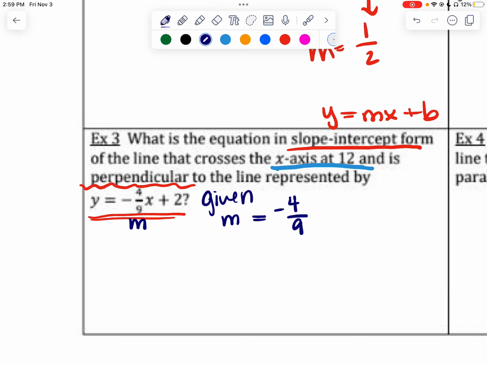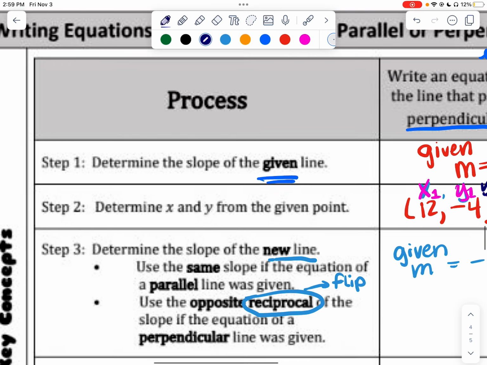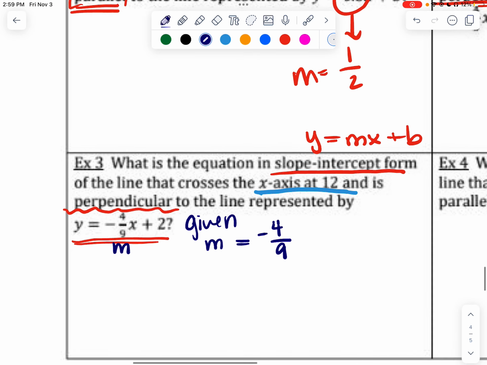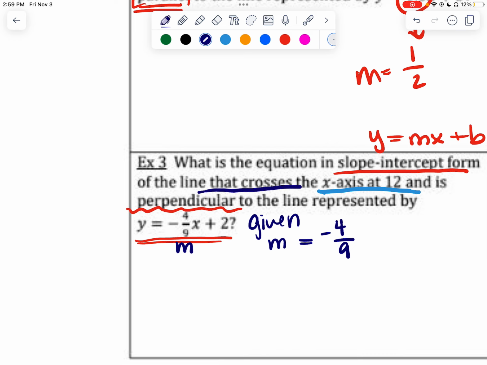Okay. Now I'm going to look for x and y from the given point. But I don't see a point here. So don't panic. I know a line is crossing the x-axis at 12. Here's x, crossing it at 12.